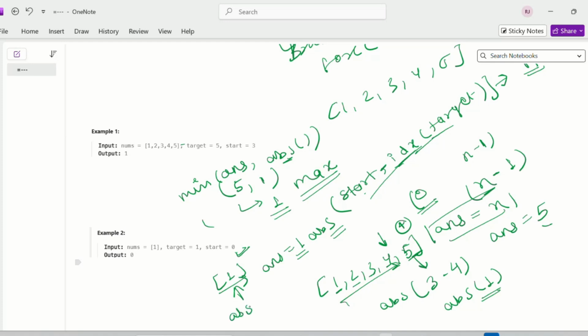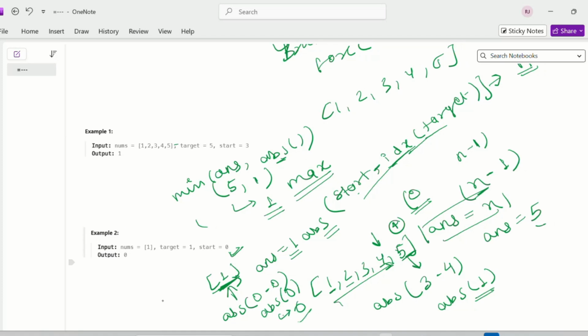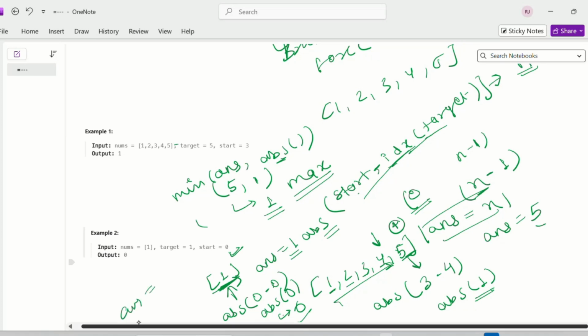We find the absolute value: start is 0 minus the index of the 1, which is 0 only. So the absolute value is 0. So answer equals minimum of answer comma 0. The minimum of 1 comma 0 is 0. So we can return 0 as our answer.